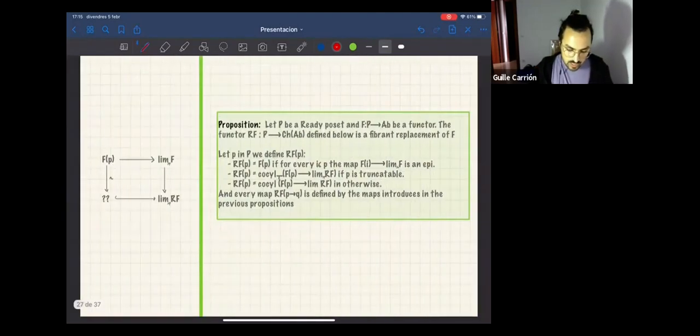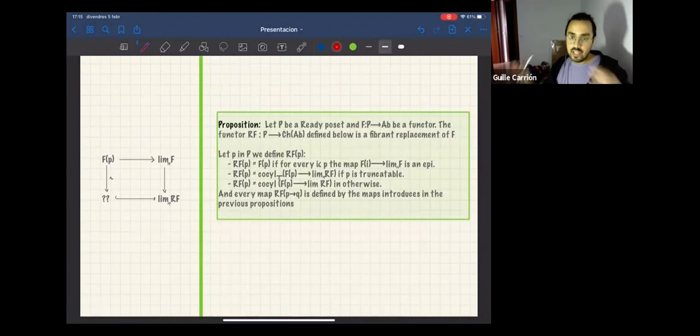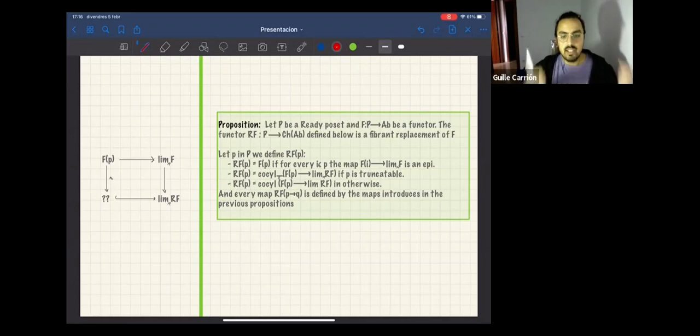So how do we construct this fibrant replacement? So easy. We walk through our diagram and check that every map to the matching object is surjective. If they are surjective, we put the original functor. When we find one that is not surjective, we ask: is it truncatable? If yes, then the truncated mapping cocylinder.